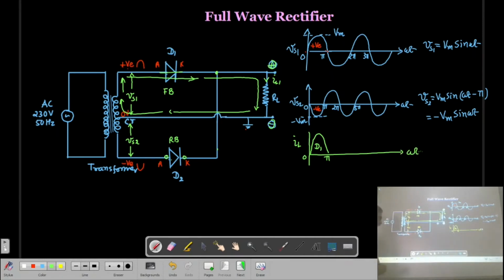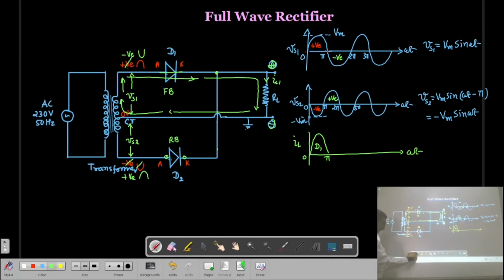Okay. Now the negative cycle means that after pi we have a negative cycle. Means at this point now the negative voltage is there, and at the same time here if you see we have this positive voltage. Means the positive cycle is present.